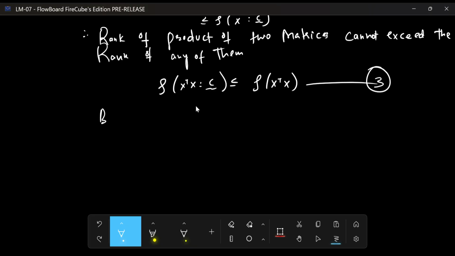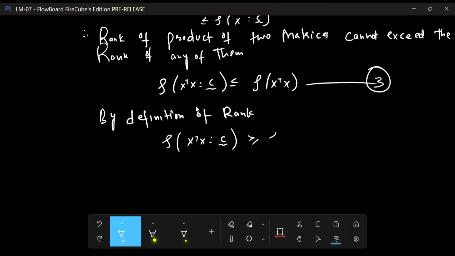Now, by definition of rank, if we say rank of X transpose X augmented C curl is greater than or equal to rank of X transpose X, let's suppose this is equation number 4.